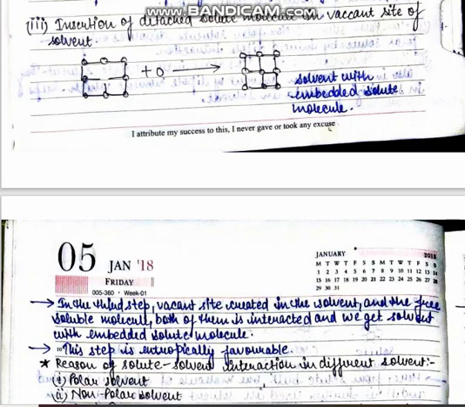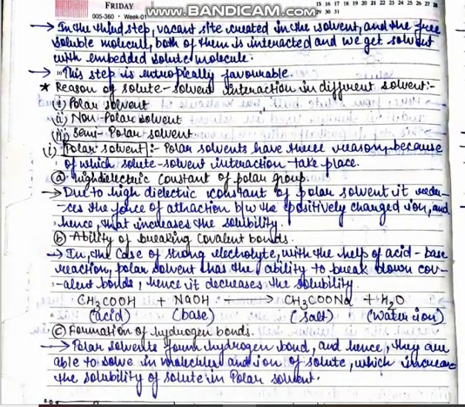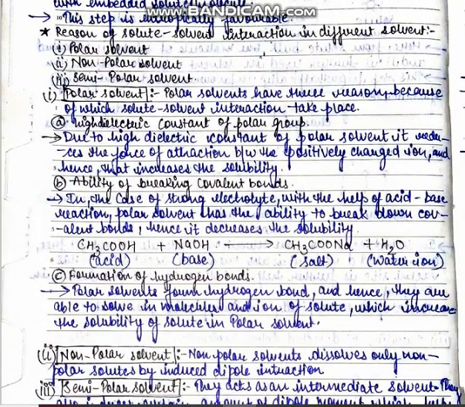Reasons for solute-solvent interaction in different solvents. First of all, we are going to discuss the polar solvent. Polar solvents have three reasons because of which solute-solvent interaction takes place.